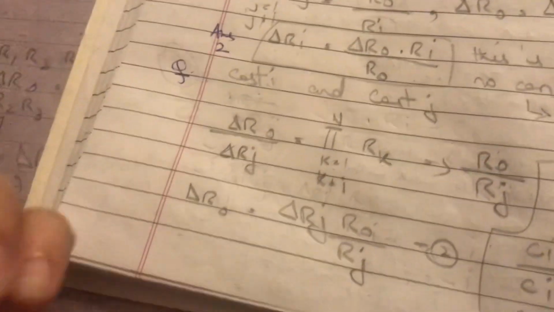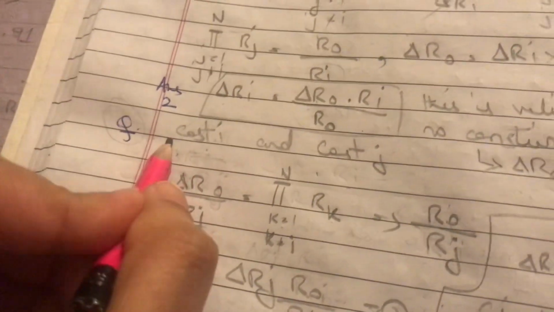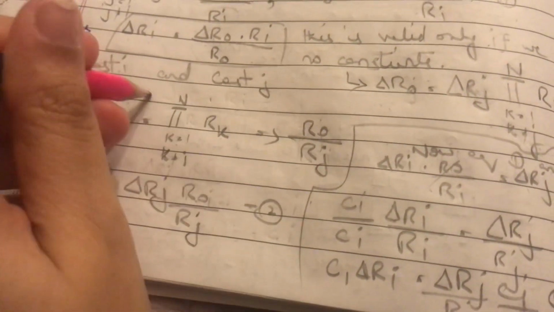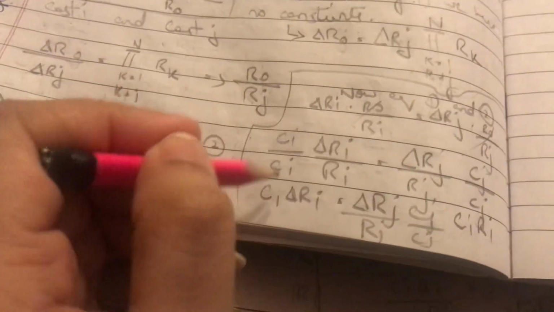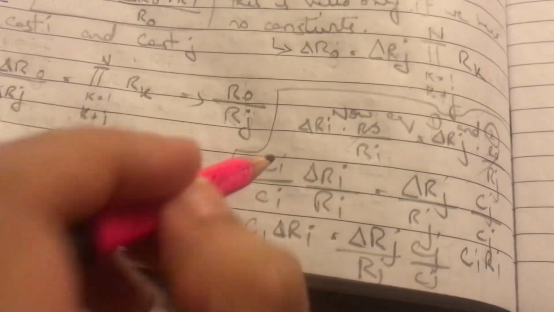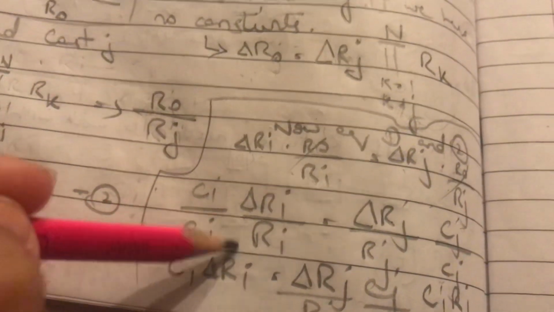So it's not always the cost. So we take two costs, i and j, and we divide and multiply by cost i, and divide and multiply by cost j.